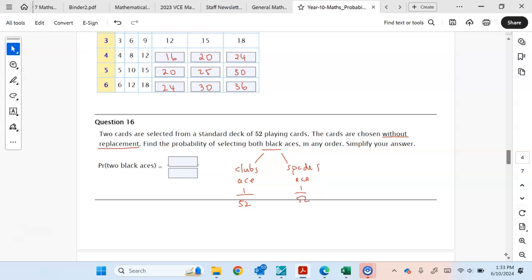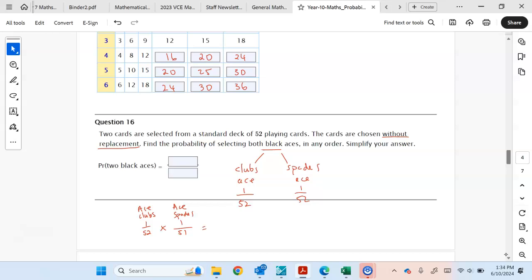Now, if our first one was the ace of clubs, that's going to be 1 out of 52. And then if we wanted the ace of spades, there's only one of them, but we've got one less card. So we're going to multiply them together, and we'll do that on the calculator.